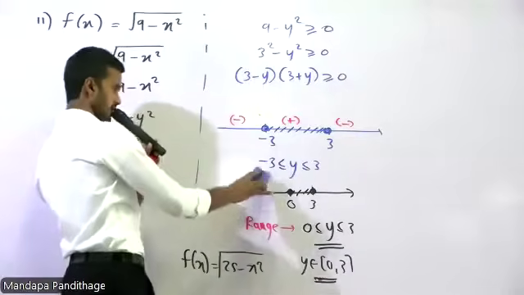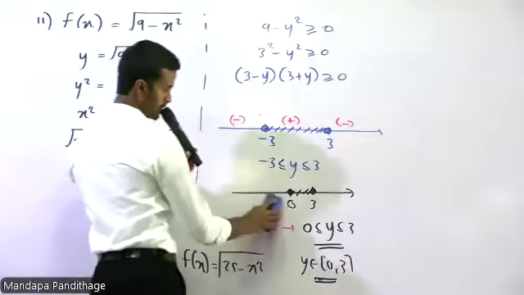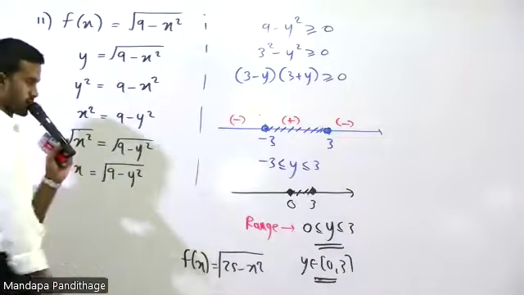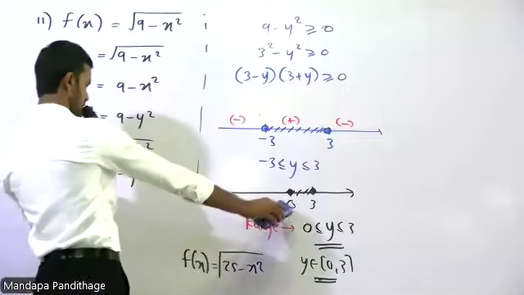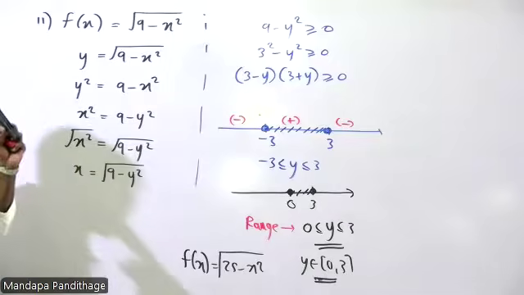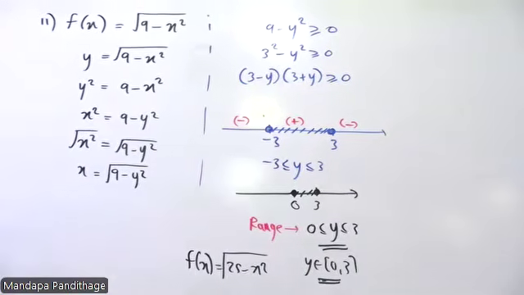I told you if it is a normal function, this is okay. But since it's a square root function, you only have to select the positive side. So always keep that in mind. Whenever you see a square root function, you know that you will only be considering the positive side as the range.